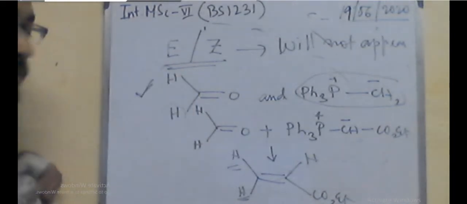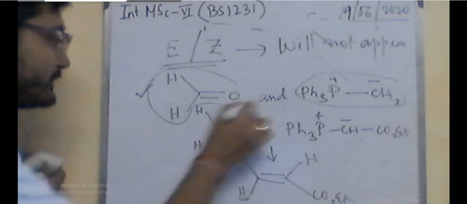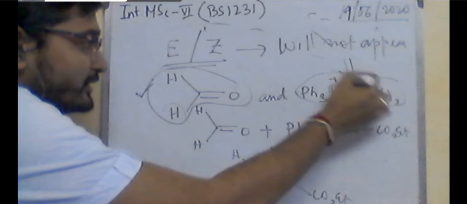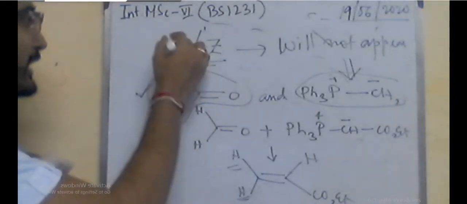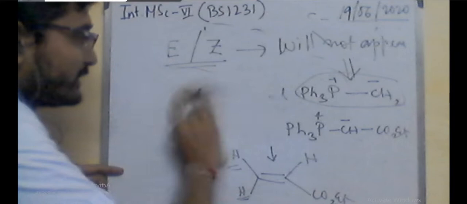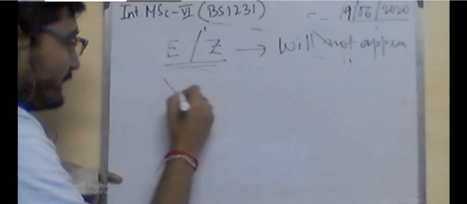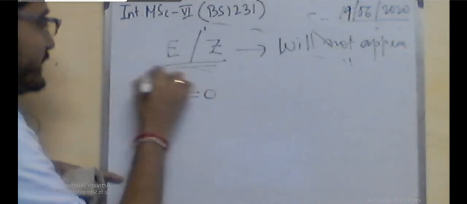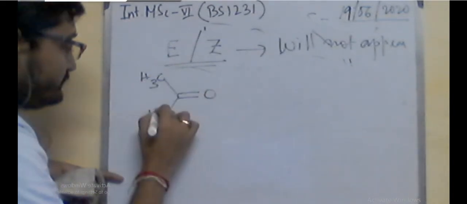Okay. So next, how does isomerism appear, or how will you show the EZ isomerism. Take the example of acetaldehyde plus PPh3 CH minus CO2Et. This is the stabilized ylide.